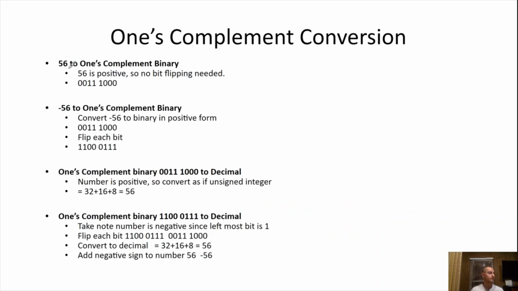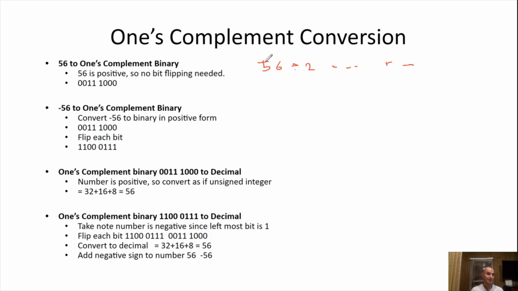56 in decimal is positive. We want to calculate the one's complement binary. So 56 is positive, so no bit flipping needed. So basically you just convert this one. We had two methods. You either do 56 divided by 2, and then you get some number and the remainder, and you continue, or you try to find the largest powers of 2 in 56 and you go in that method.